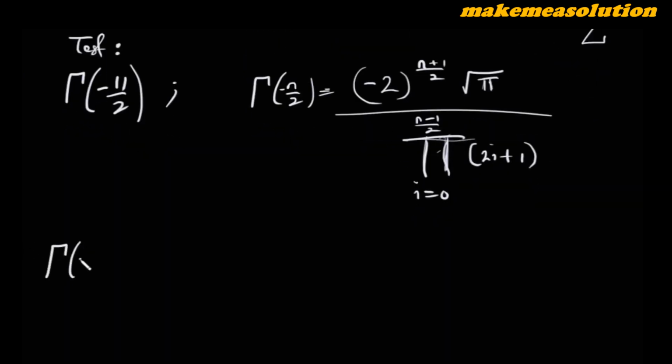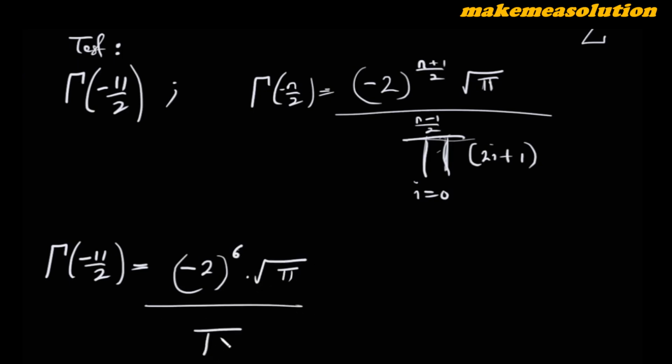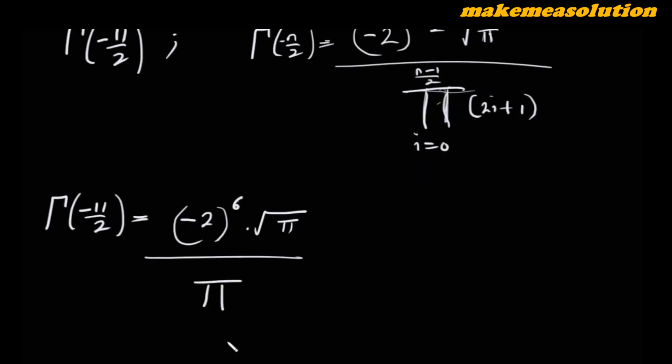So gamma of negative 11 over 2 is going to be what? In this case, I'll have negative 2 raised to the power of (11 plus 1) is 12, divided by 2 is 6. So negative 2 raised to the power of 6, root pi divided by, and I have the product from i equals 0 to i equals (11 minus 1) is 10, divided by 2 is 5.